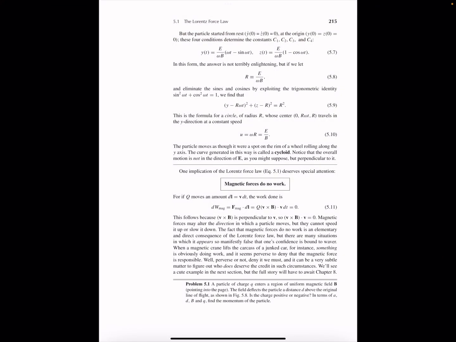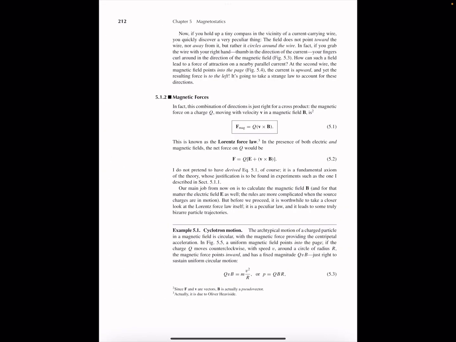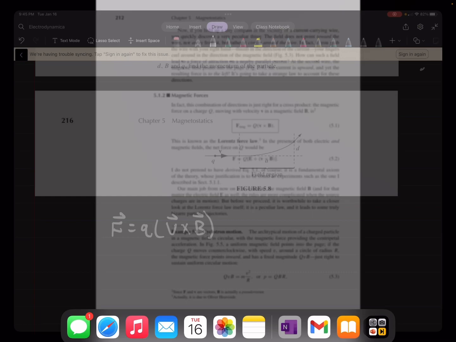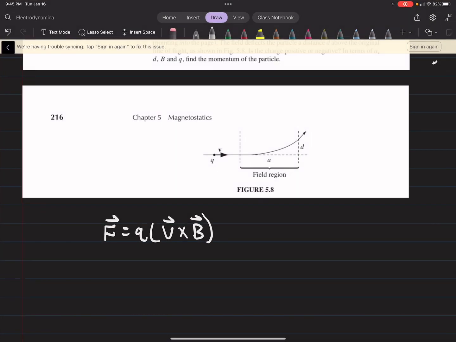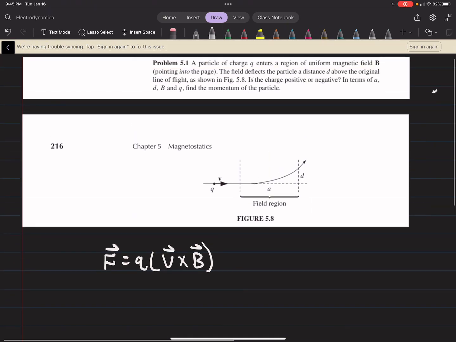In fact, I'll just pull this up. So that's equation 5.1, Q V cross B. That'll be important here to find the sign of Q. Now, what is V cross B?